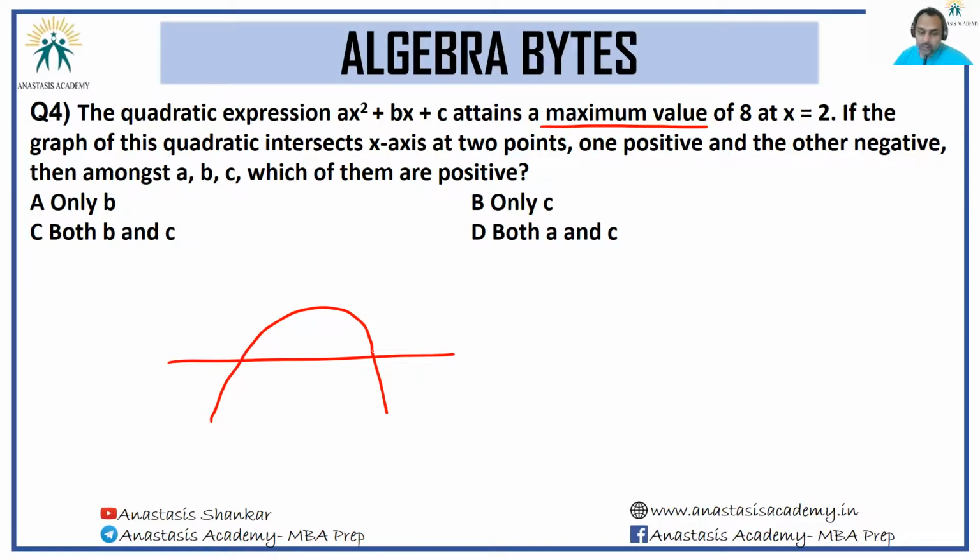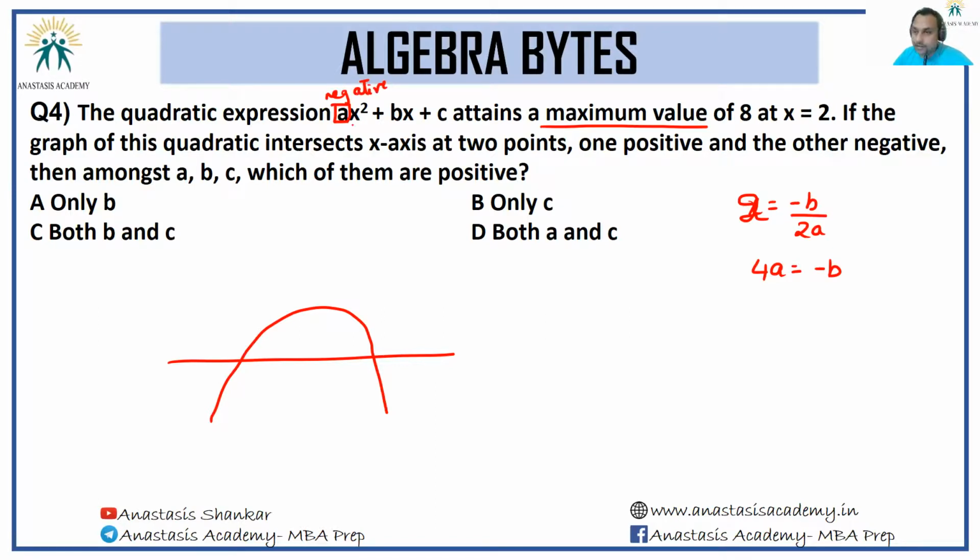Okay. So fun things, let's see. If it is attaining a maximum value of 8 at x equal to 2, can I say the maximum value is attained at -b by 2a? So we have been told -b by 2a is equal to 2, or 4a is equal to -b. And because we have this inverted parabola, the first thing you can infer is a has to be negative.